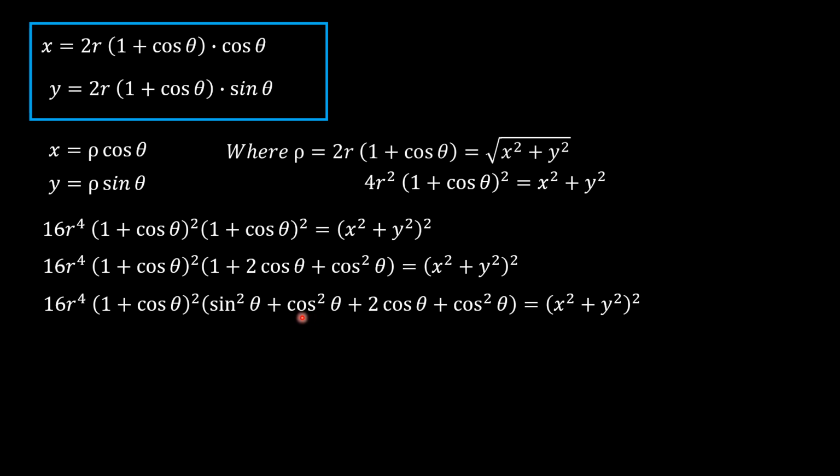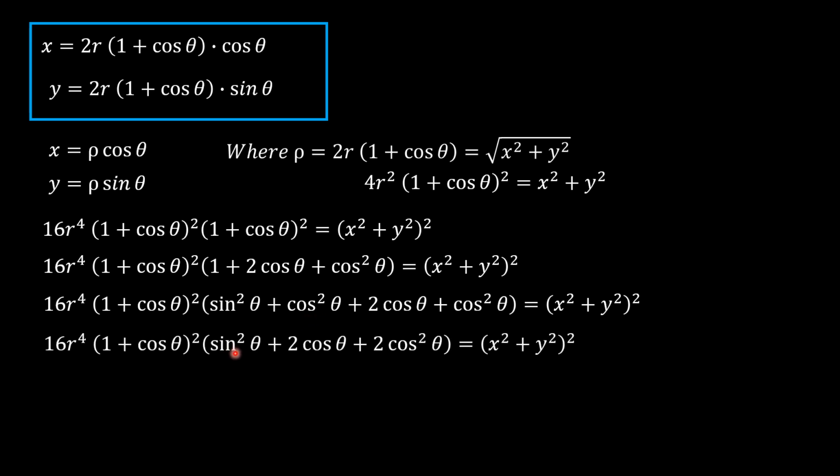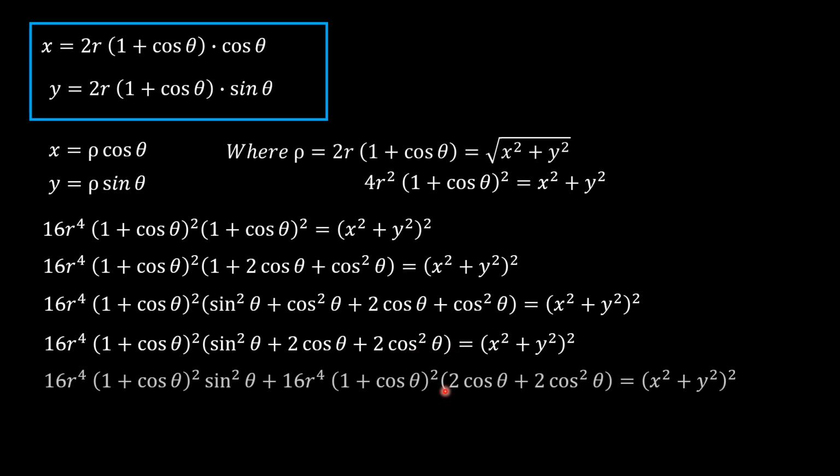And so we can take the sine component on one side, and then we can bunch this cosine squared theta and this cosine squared theta. So we have 2 cosine theta plus 2 cosine squared theta. And so we have 16r to the power 4, 1 plus cosine theta squared times sine squared theta. So we've isolated this out here.